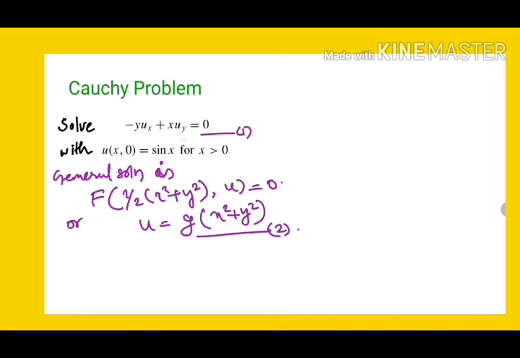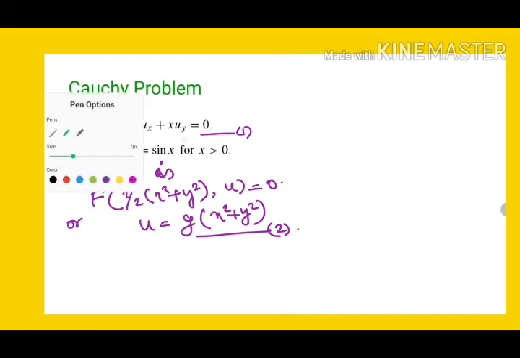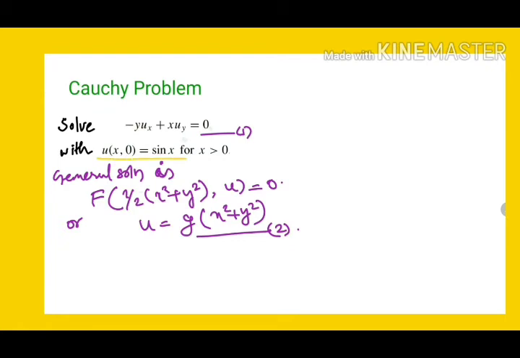Now we have to find the particular solution, or the integral surface that passes through, or contains, the initial curve. What is the initial curve? The initial curve is u of x, 0 equal to sin x for x greater than 0. So applying this condition, first we parameterize our integral surface, that is the general solution.